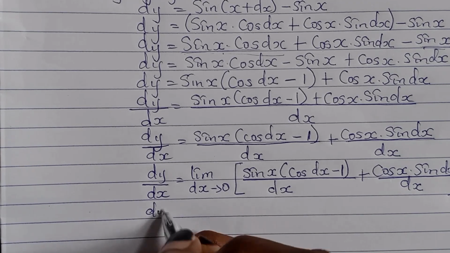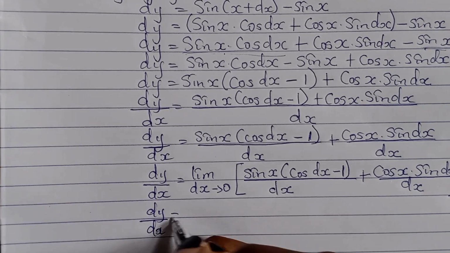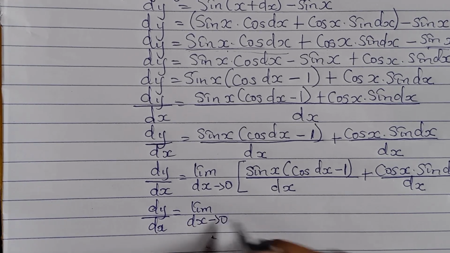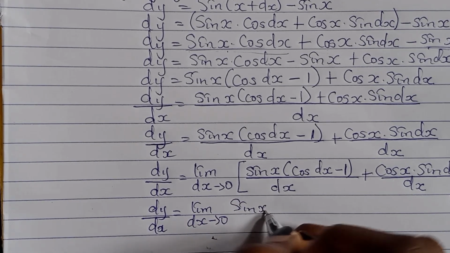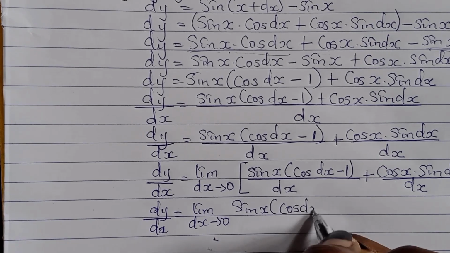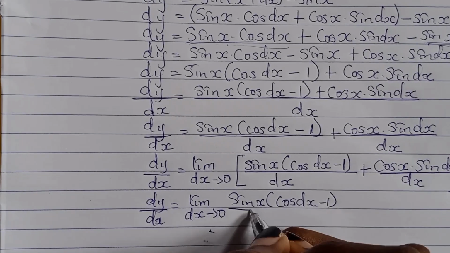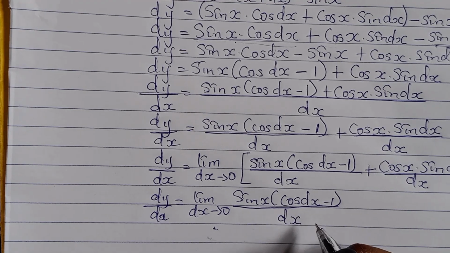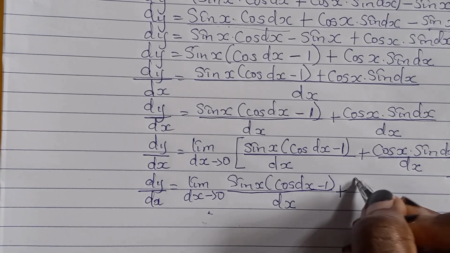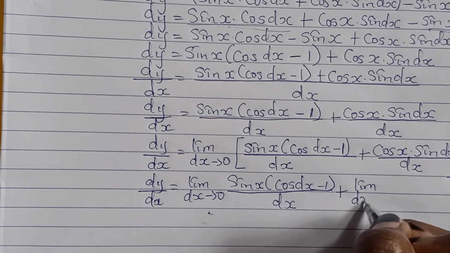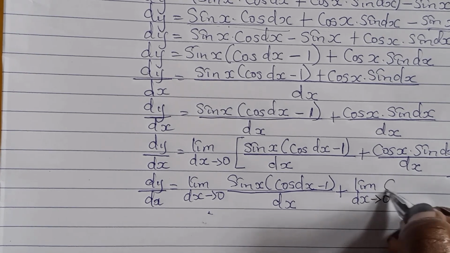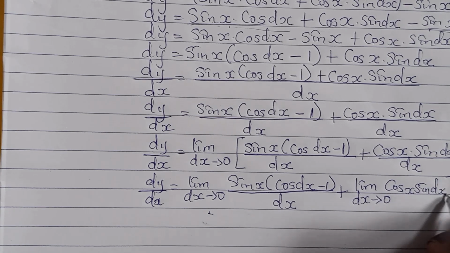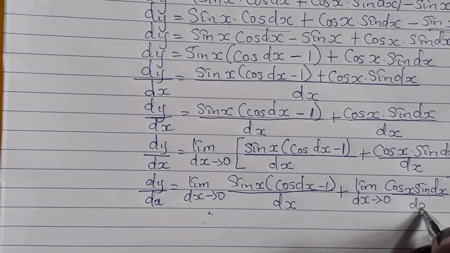Now let's give each of them their limit: sine x bracket cos dx minus 1 divided by dx, plus, limiting dx tending to 0, cos x times sine dx divided by dx.